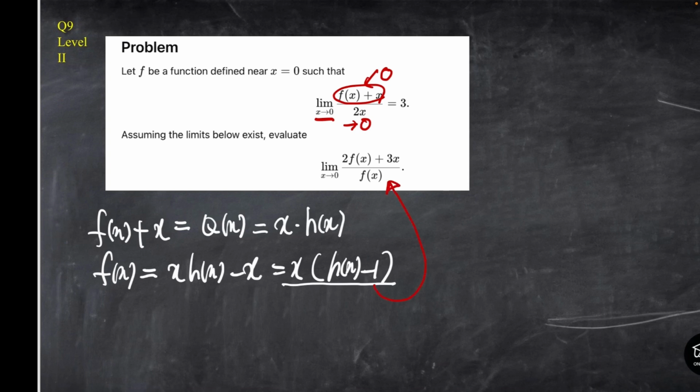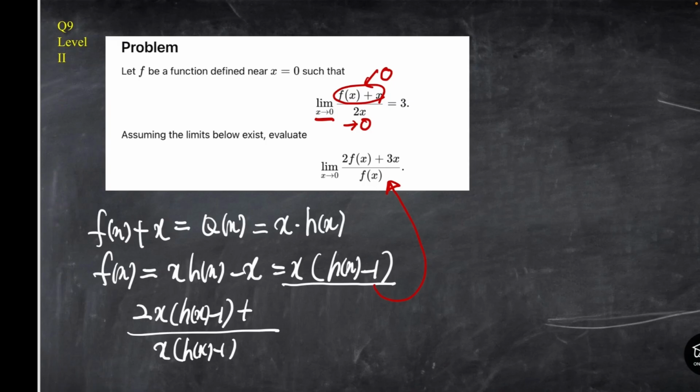We want the limit as x approaches 0 of (2f(x) + 3x) divided by f(x). Substitute our expression for f(x). The numerator becomes 2 times x times the quantity (h(x) - 1) plus 3x. The denominator becomes x times the quantity (h(x) - 1).